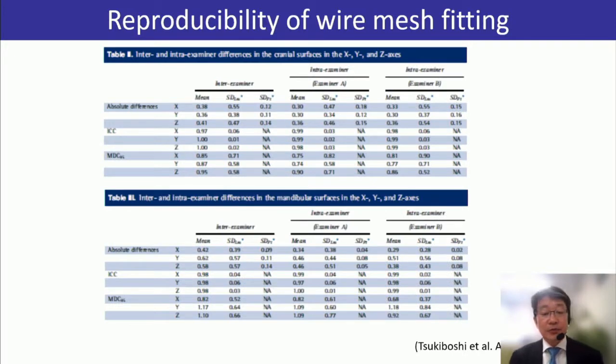And of course, we calculated the reproducibility of the wire mesh fitting. Reproducibility was confirmed by the intra- and inter-observer reliability, and we calculated the ICCs, the intraclass correlation coefficients, and MDC95, meaning 95% confidence intervals.